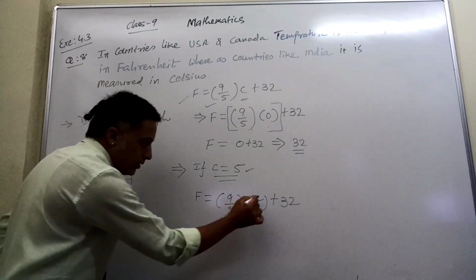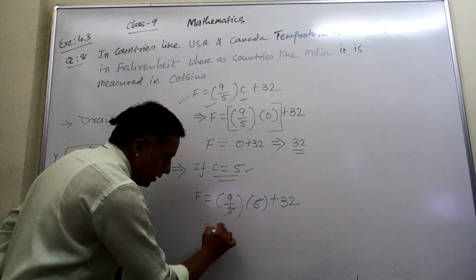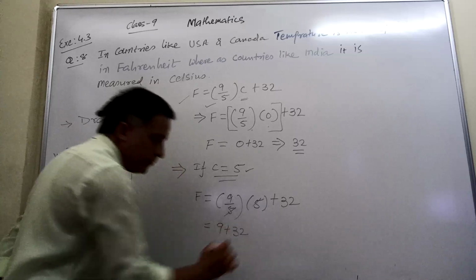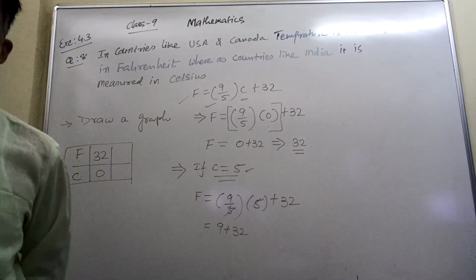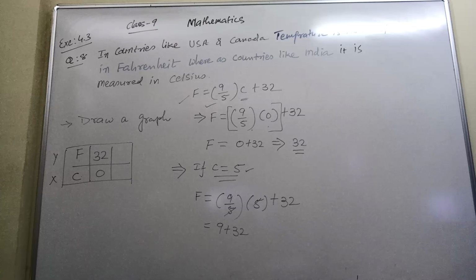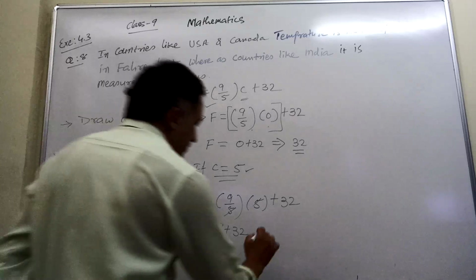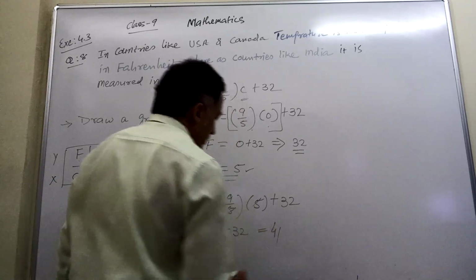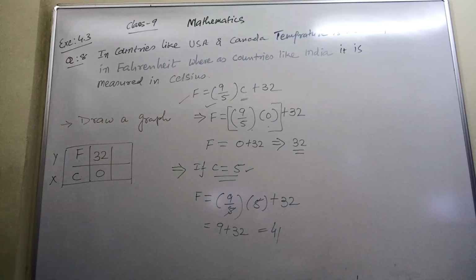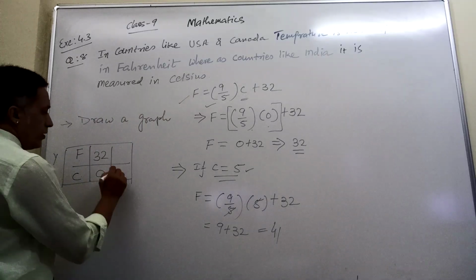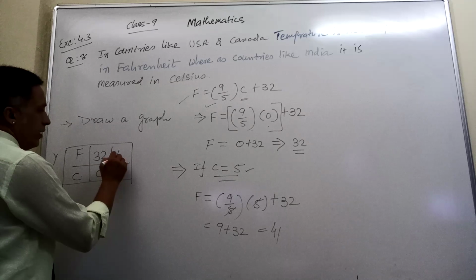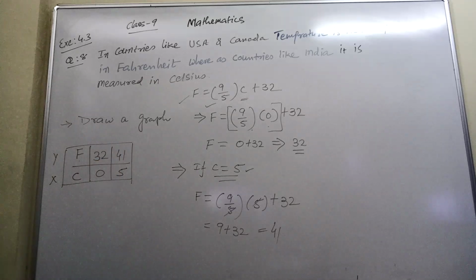This 5 and this 5 are cancelled. So 9 plus 32 I have, and 9 plus 32 results in 41. So I can say that when the value for C is 5, I get the value for F, and that is 41.